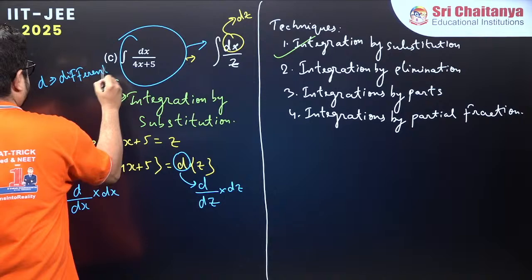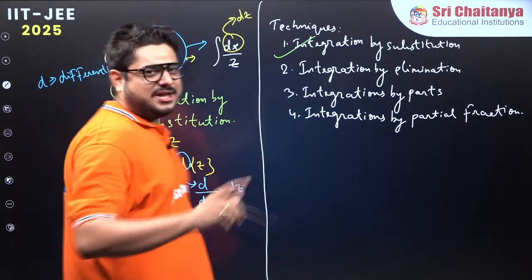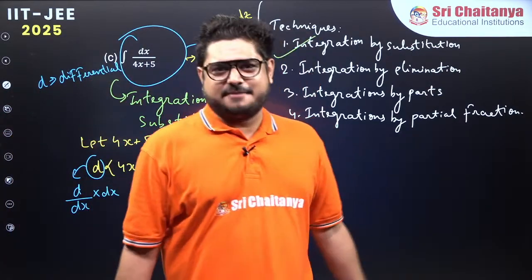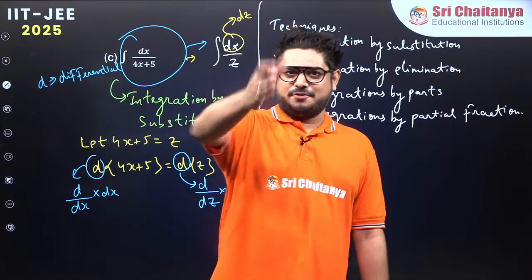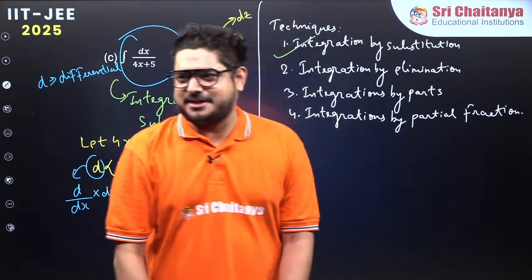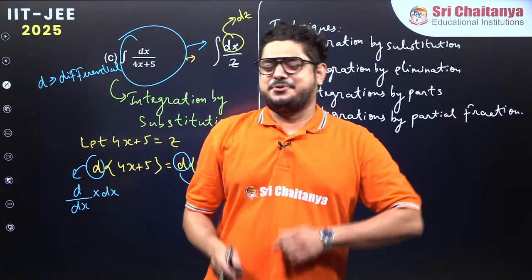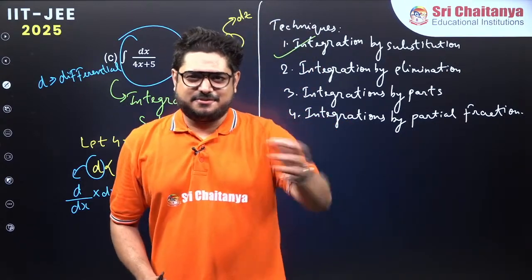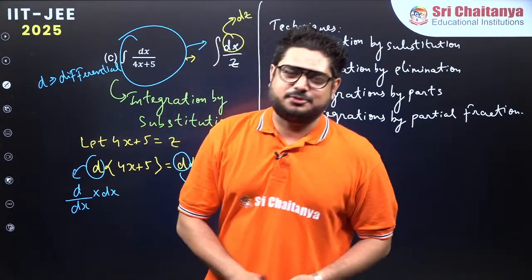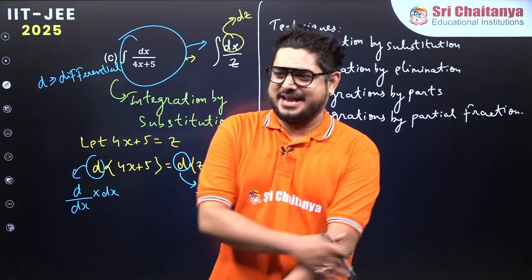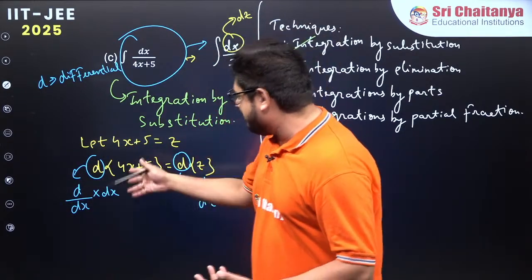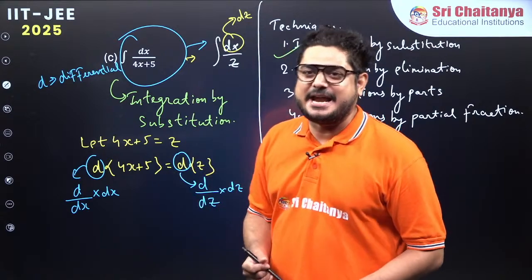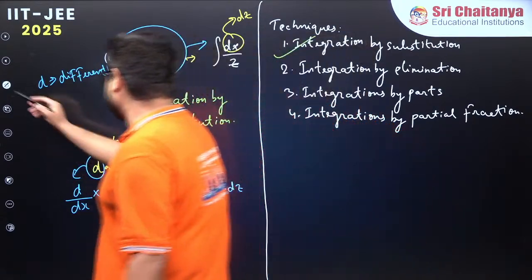You will learn this thing in thermodynamics. D of PV, pressure into volume, is PdV plus VdP. So at that point of time when you are taught thermodynamics, don't say anything to your respective sirs or madams who are teaching you thermodynamics. So that's why focus here. D on the left can be written as d by dx, and on the right as d by dz. So now what needs to be done?